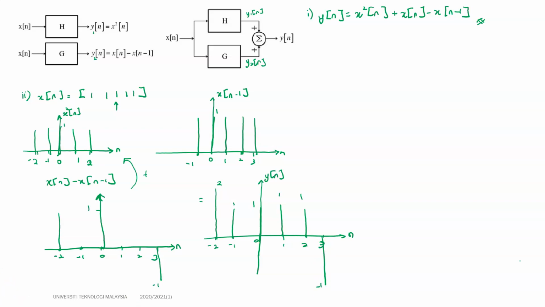If you want to write this as a mathematical equation, yn is equivalent to 2, 1, 1, 1, 1, -1, with an arrow here to indicate this is at n equal to 0.